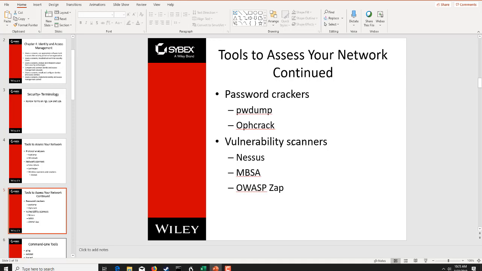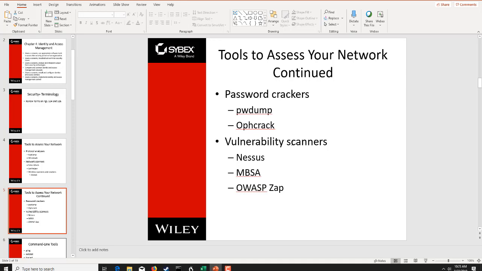When you get into the realm of commercial software, Nessus is commercial. MBSA is by Microsoft. It's the Microsoft Baseline Security Analyzer. That's what that stands for. You can download that free from Microsoft, and that will help you audit Microsoft systems.